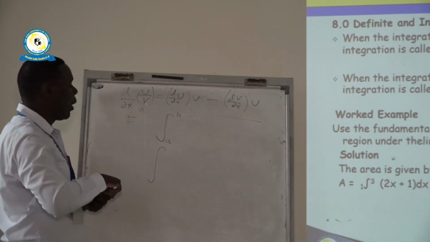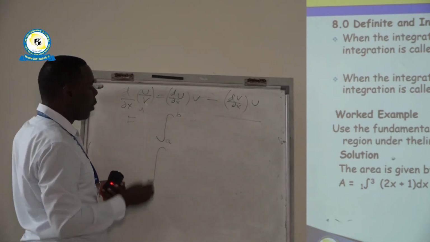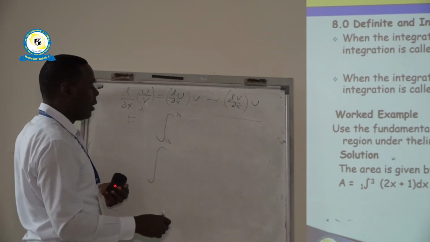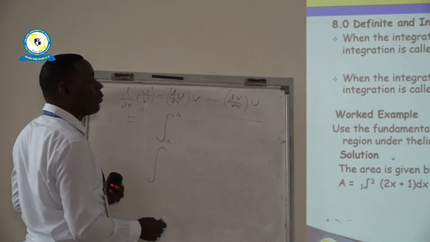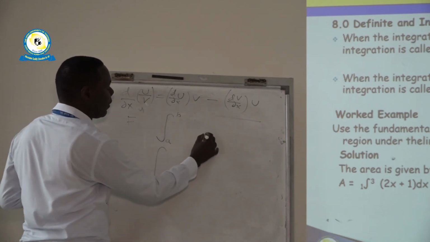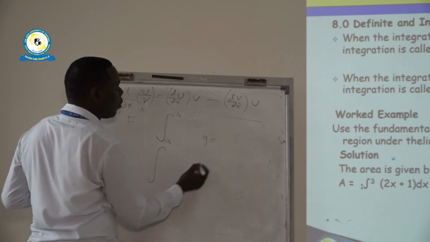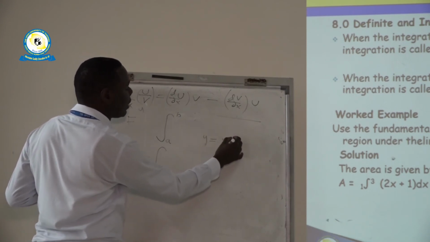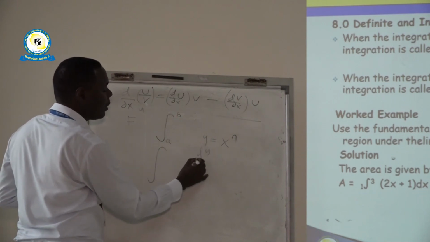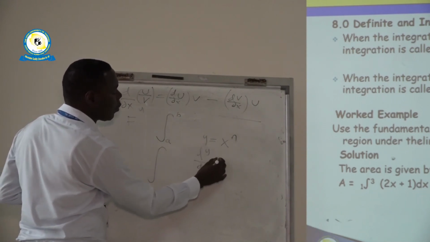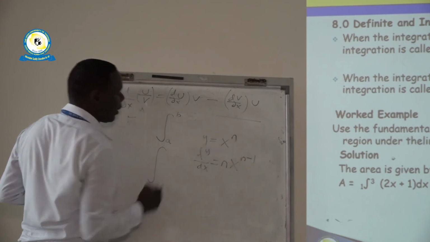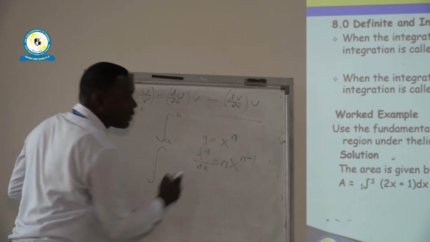And now, when we say integration, it is the opposite or the inverse of the differentiation. For example, if you have y equals x exponent n, we say dy/dx is equal to n multiplied by x exponent n minus 1. This was the derivative.